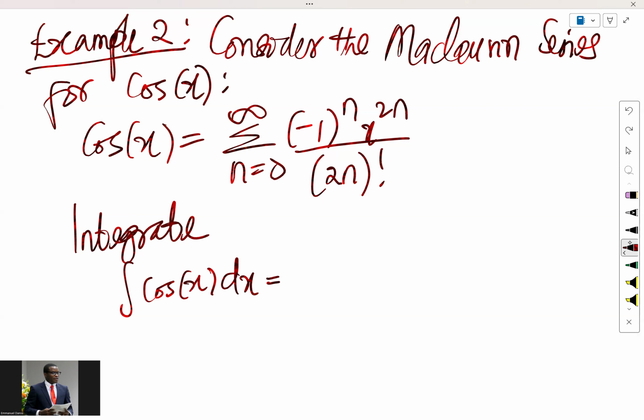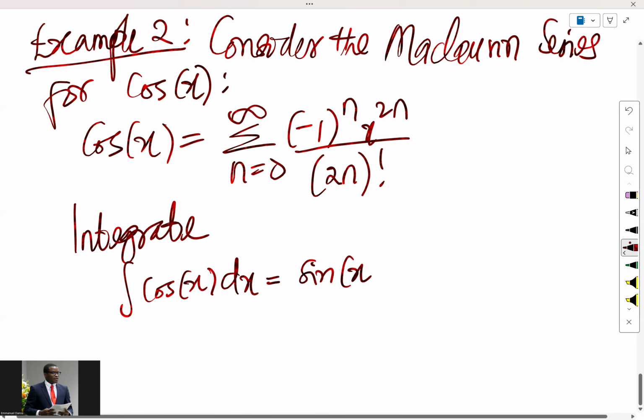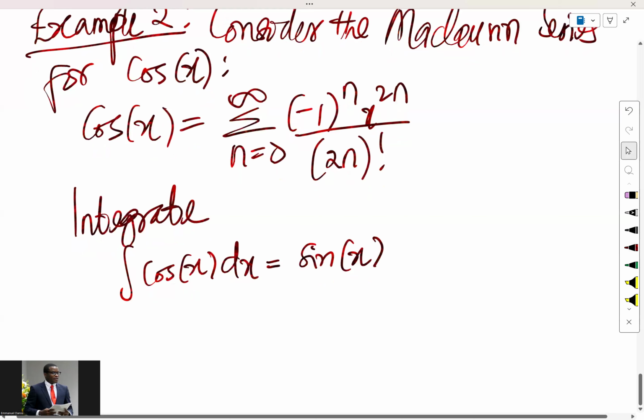So when you integrate cos, you should get sine back. Yes, that's the idea. So the integral of cos x dx is actually sine x, as we know already. Let's see how that happens here.